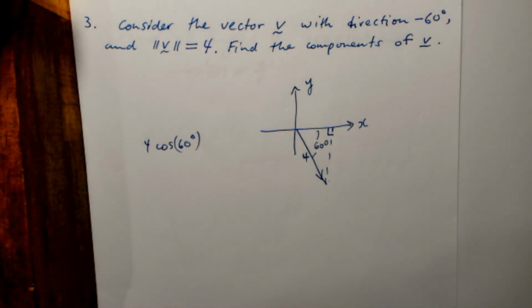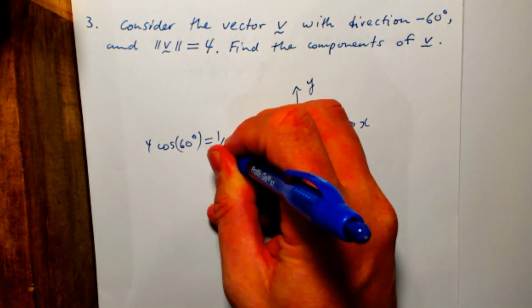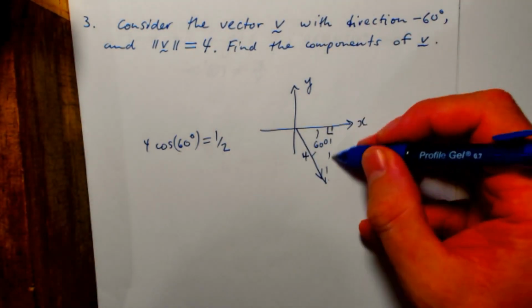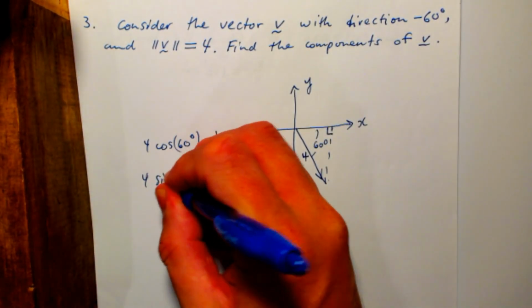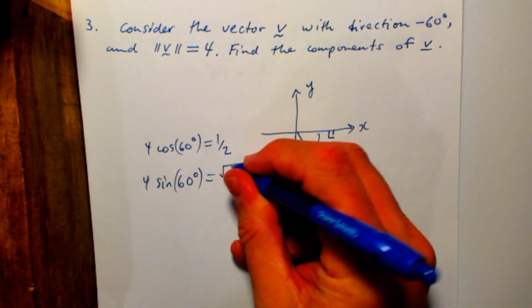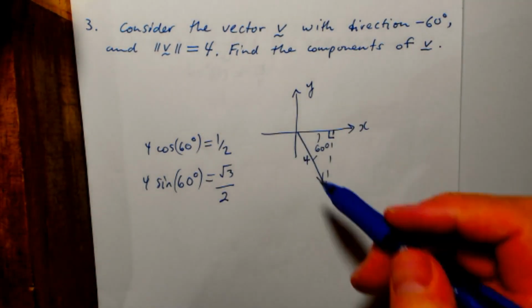So cos of 60 degrees is, isn't that 1/2? Okay, and then we need the other one. This side length is 4 sine of 60 degrees, which would be root 3 on 2. Okay, so these are the side lengths.